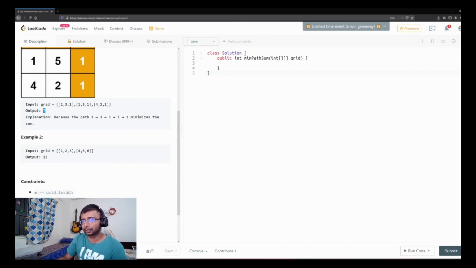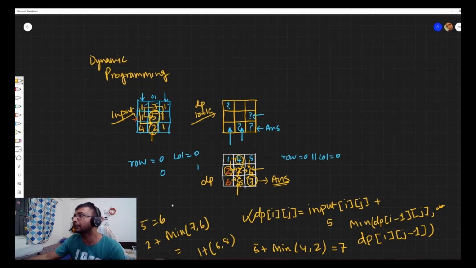Similarly, for 1 2 4 5 6, if we just go over it quickly, say 1 2 3 4 5 6. So this is my input, and say this is my DP. We know for the first cell it is 1, the second cell it will be 2 plus 1, that is 3, and this one will be 3 plus 2 plus 1, that is 6, and this one would be 4 plus 1, 5.